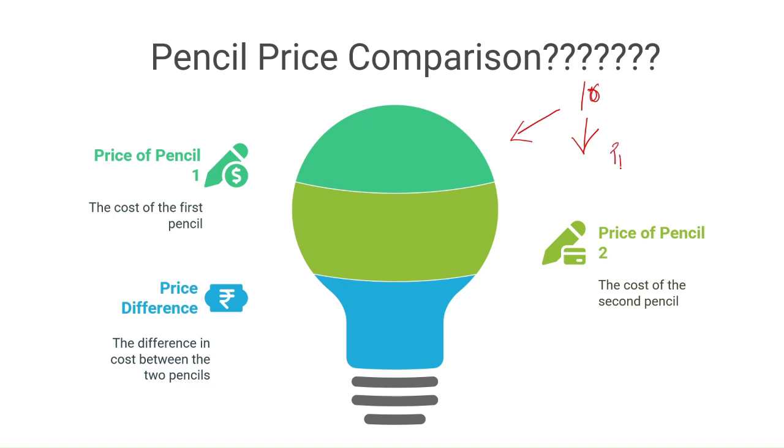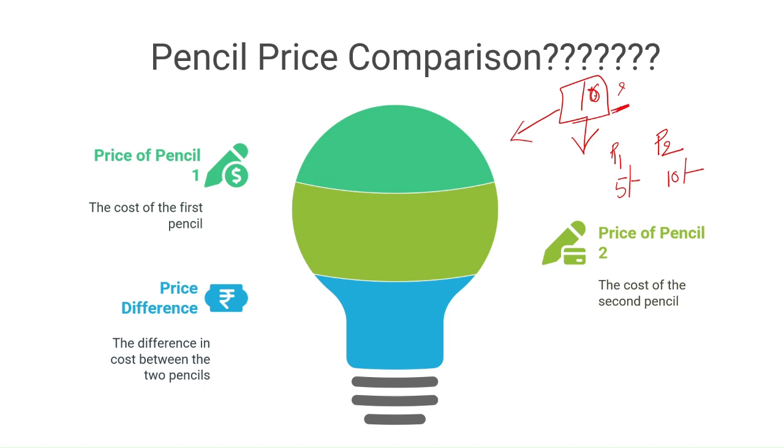Let's assume pencil 1 is P1, pencil 2 is P2. He said pencil 1 costs 5 rupees and pencil 2 costs 10 rupees. So now you have to calculate based on the amount you have. Do I need two pencils or do I need one pencil? Or how many pencils will I get with the money which I have?